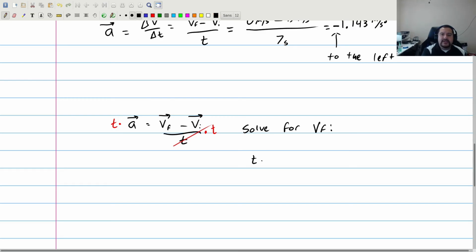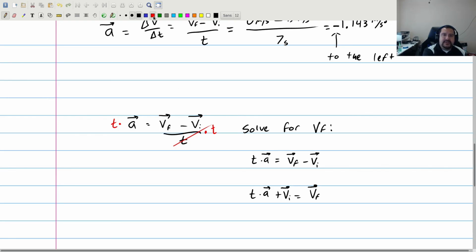So t times a equals V final minus V initial. Now that I have that, I can add a V initial to it, and I will get something like this: t times a plus V initial is equal to V final.